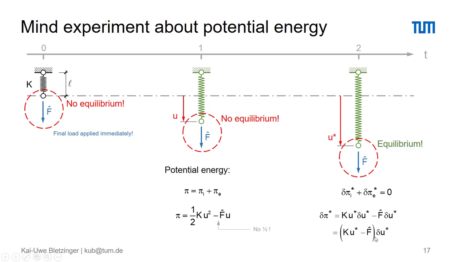And what you see here in the bracket is exactly the equilibrium equation where the intended external force F hat fits through the material law to the final displacement U star. That's exactly what the virtual energy theorem tells us. So in equilibrium, and that applies only for equilibrium, the internal and external virtual energies sum up to 0 and everything fits together nicely through this variation.